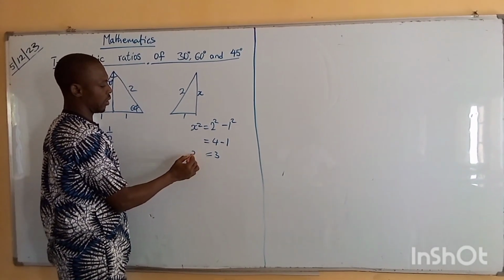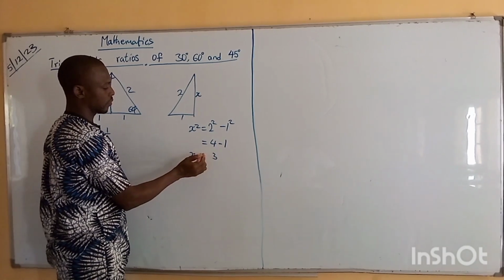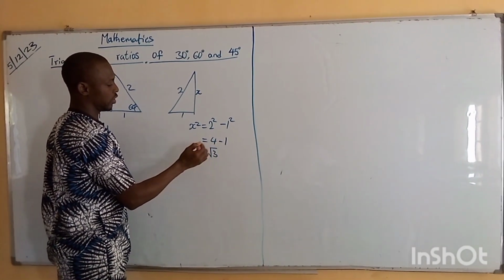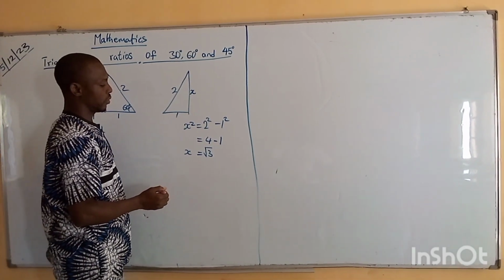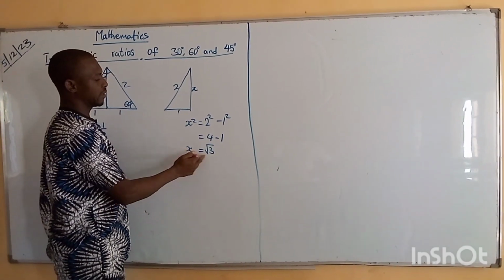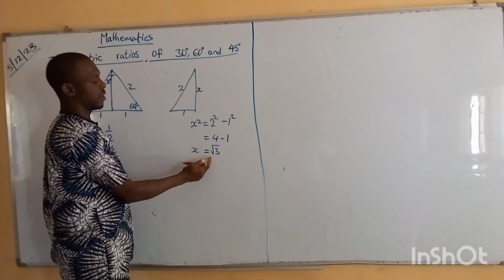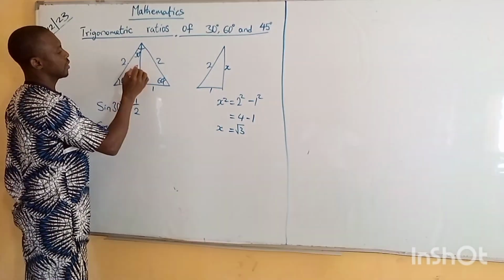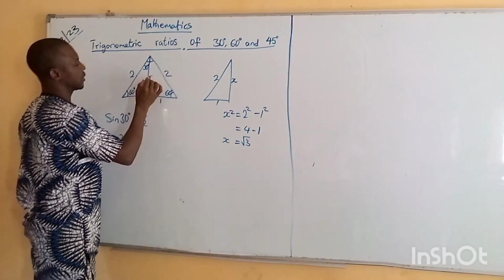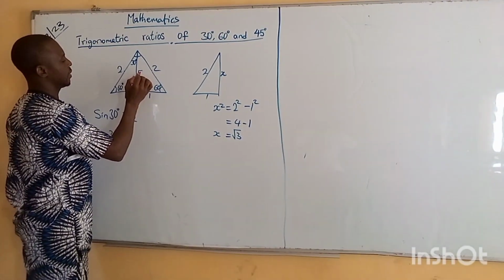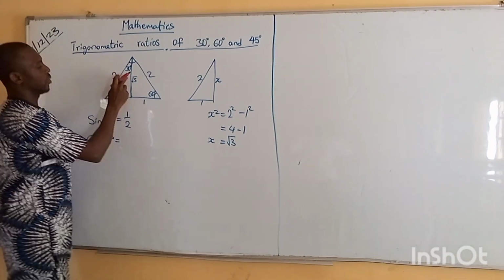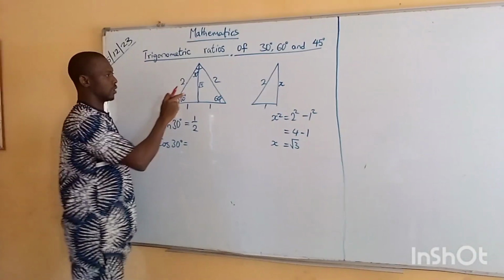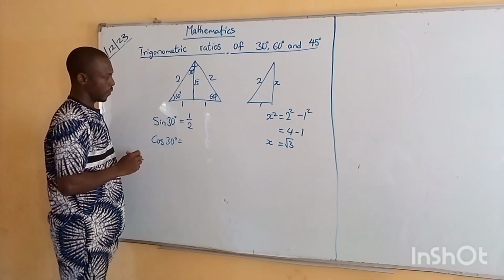So x here will become, the square is taken to this place as square root. So our x here is the square root of 3. That means the third side of this right angle triangle is the square root of 3.